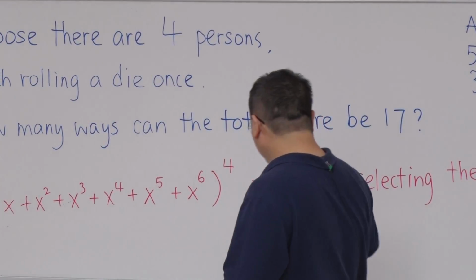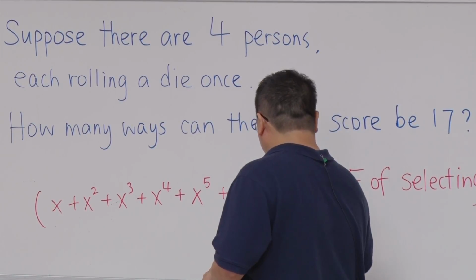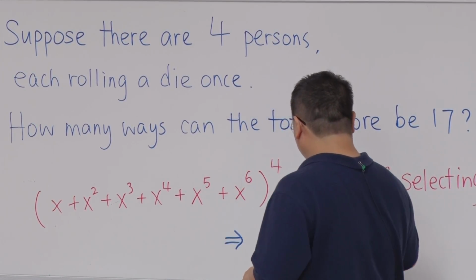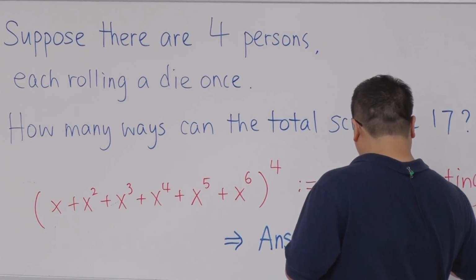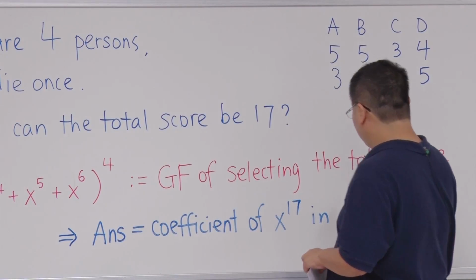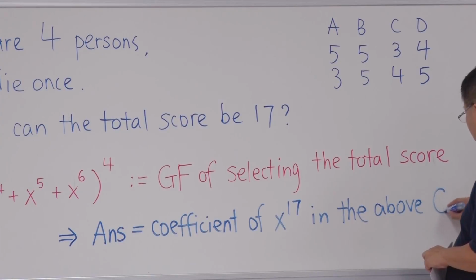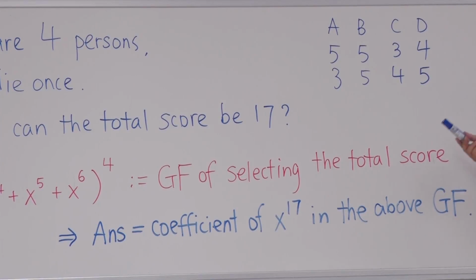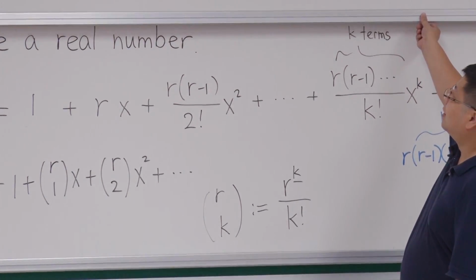So once we have this generating function, the answer that we want will be equal to the coefficient of x to the power 17 in the above generating function. Okay? Is that okay? Okay, let's find it out. Let's find it out. So what is it?